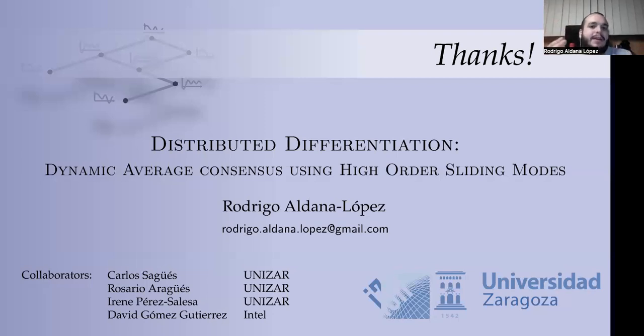So having fixed time convergence for the dynamic average consensus might be very helpful in order to have separation of different blocks, right? Because you usually use these dynamic average consensus solutions together with other things, for example, with a controller. So using fixed time notions in this case can be very useful, I believe.